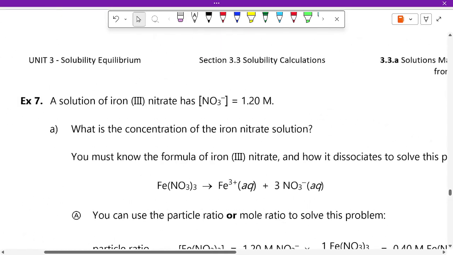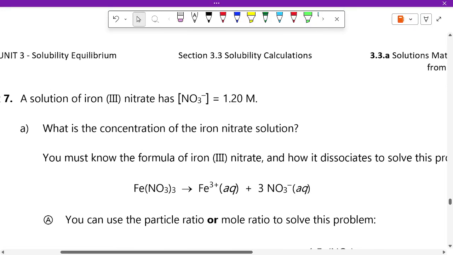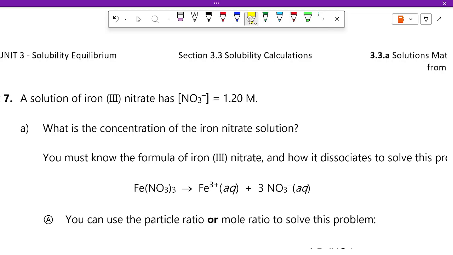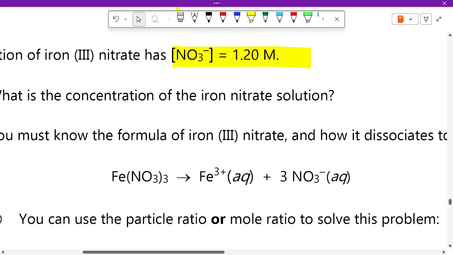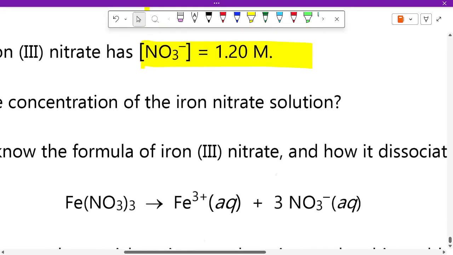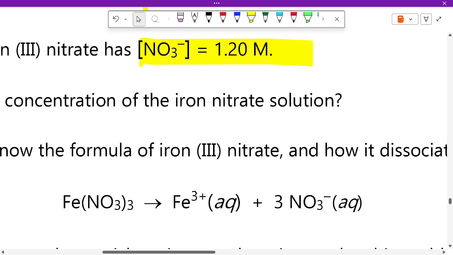If I told you the concentration of iron nitrate has 1.20 molar nitrate, what is the concentration of iron nitrate? Do we know that? NO3 is 1.20 molar. Here is the dissociation of iron 3 nitrate right here down at the bottom.